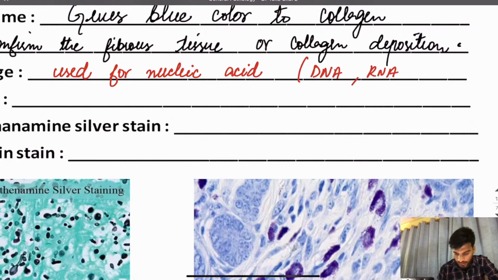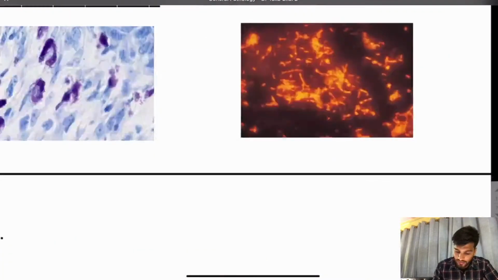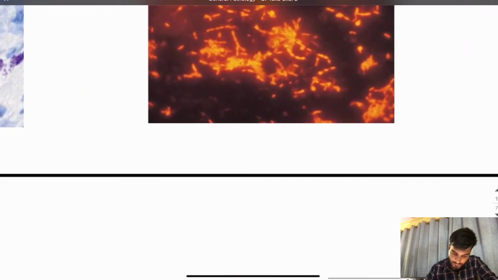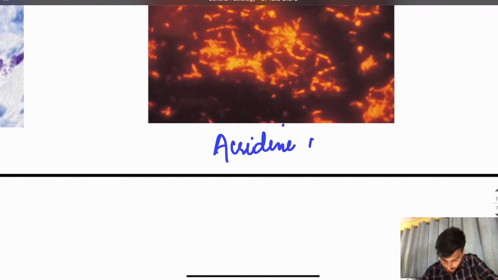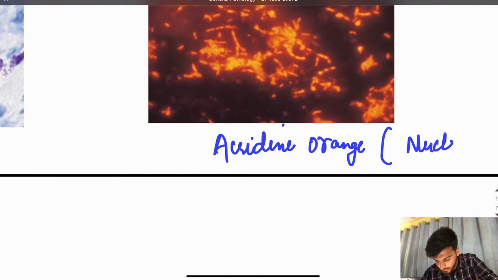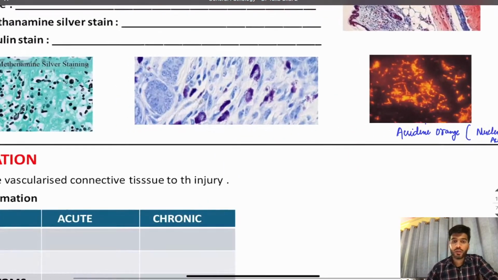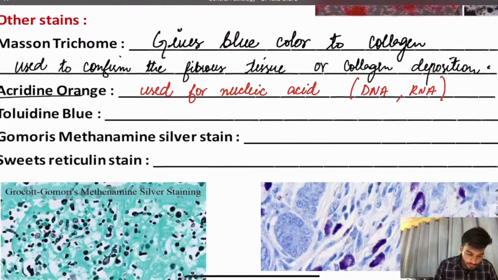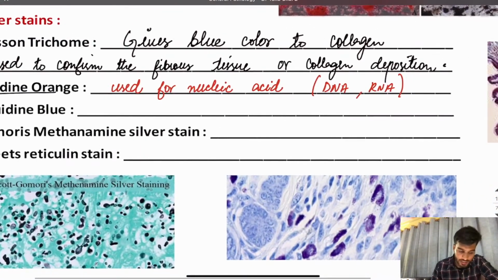So it starts with the name only, guys: acridine orange, for nucleic acids. Then guys, we have toluidine blue. Okay, it is for the detection of mast cells in tissues.